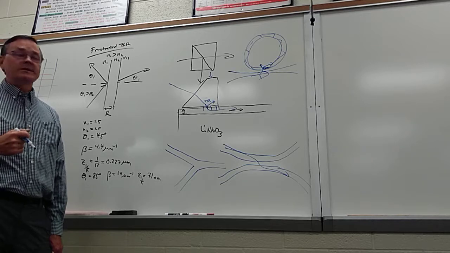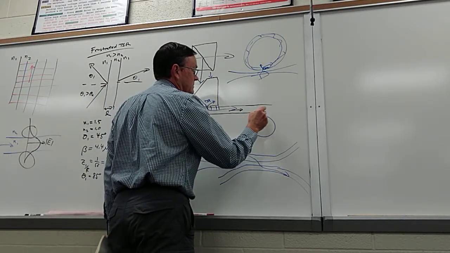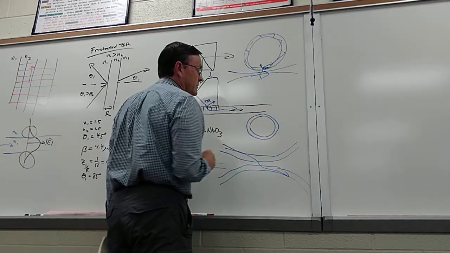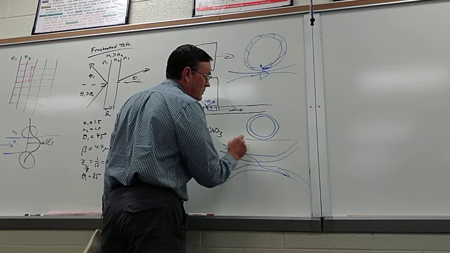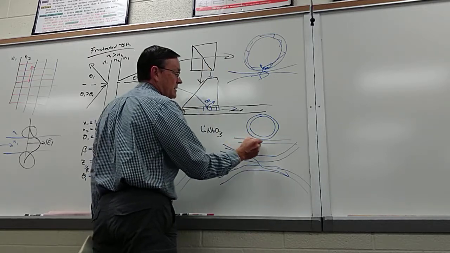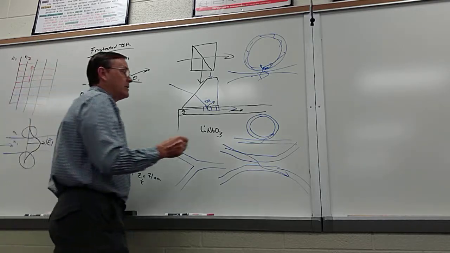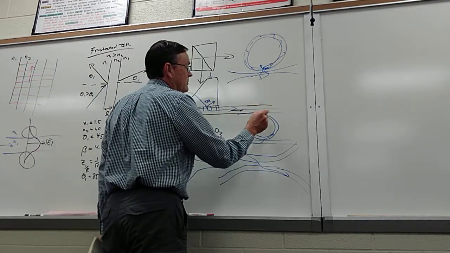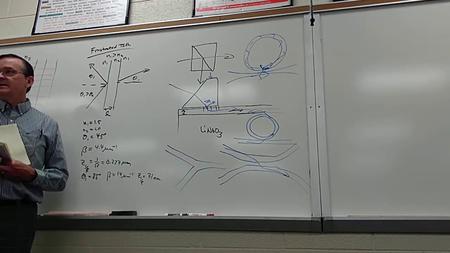If you're doing ring resonators, so you have a waveguide that looks like a ring like this, then you could bring another waveguide up close and get coupling into the ring resonator that way. You can outcouple by putting another waveguide here. So it's all based on evanescent coupling.